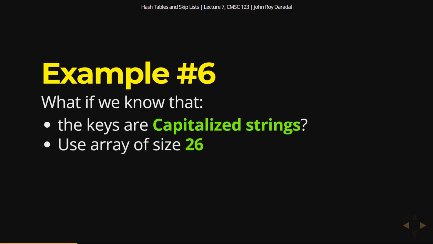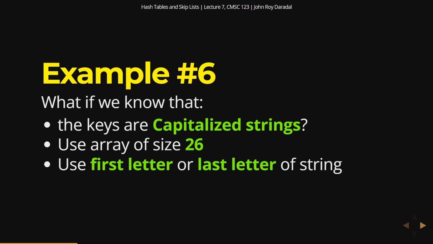We can still use an array of size 26, and we can just take maybe the first letter or the last letter of the string, depending on your preference. Because we're only using the first or last letter, there are still only 26 possibilities.